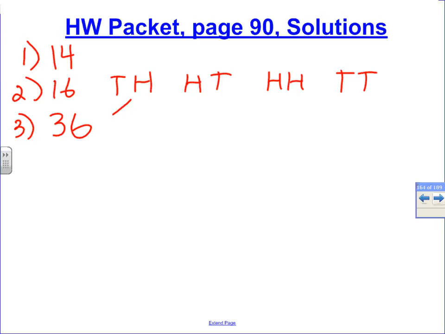Okay, and then you roll a 4-sided number cube. You want to think of it as when you flip 2 coins, you're kind of doing those at the same time. Number 3, you're rolling 2 6-sided number cubes. So you make a tree diagram starting with one of them, and then you have to branch off the 6 underneath each number. I'm not going to draw all that because it's a huge tree diagram.